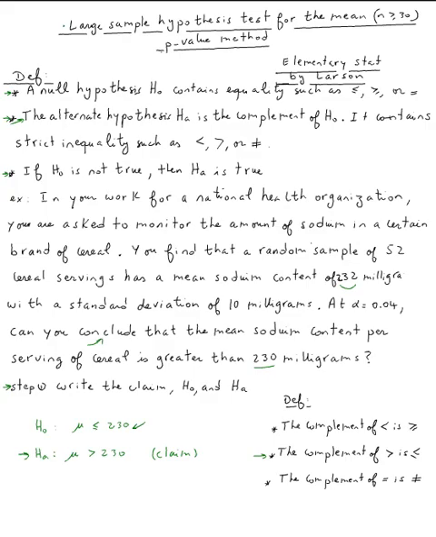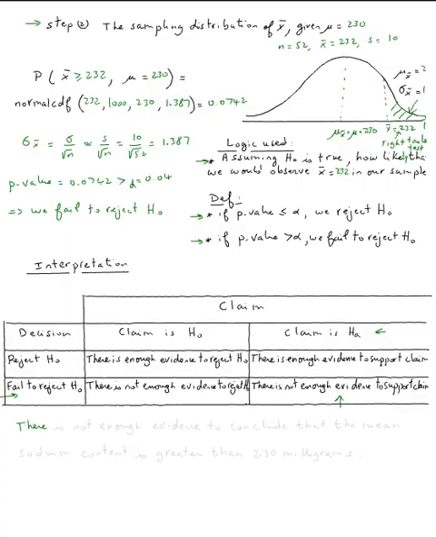They say, can you conclude that the mean sodium content is greater than 230? So I'm still going to say there is not enough evidence. Should I say to support the claim or to conclude? In this case, I'm just going to say to conclude because they asked me that question. But usually you say to support the claim.